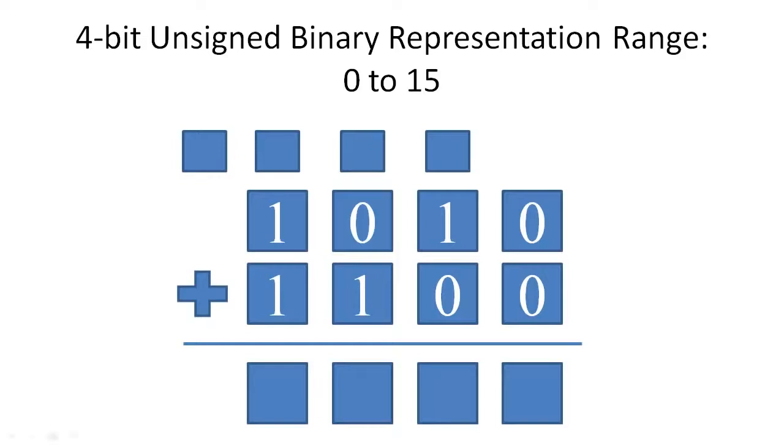When we add 10 plus 12 in 4-bit unsigned binary, the sum is 22, which is greater than the representation limit of 15. Consequently, the overflow causes the computer to display the sum as 6 rather than 22.